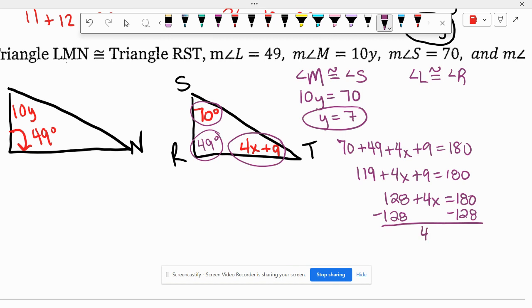And I find out that 4x equals 52. So what does x equal? Calculator bunnies, anyone? Yeah, x equals 13. What do you think about that?